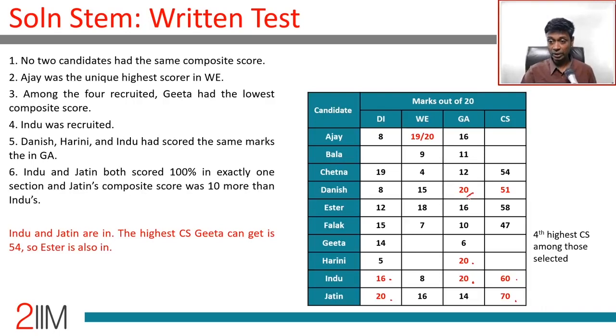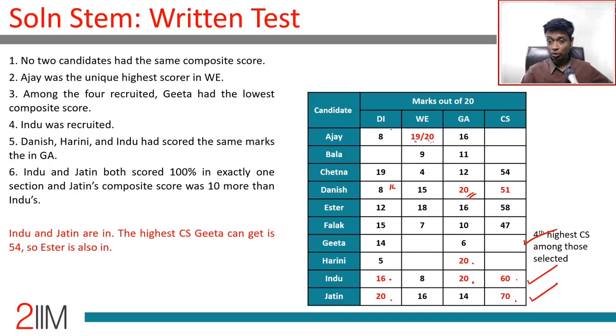Because Danish has got 20, Danish's overall CS score will be 8 into 2, 16 plus 15, 31 plus 20, 51. And we know that Jatin is in, Indu is in, and Geeta is in. Let's think about this. Geeta is in, and we know Ajay has got 19 or 20. If you can zero in, that will be brilliant.